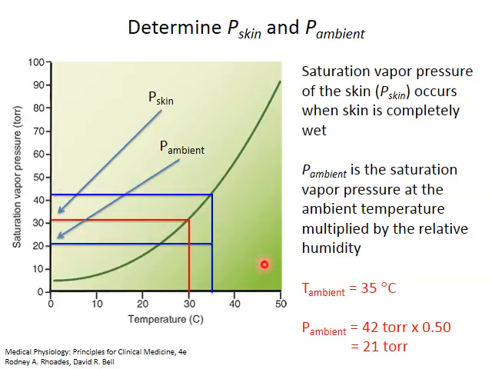We then need to multiply that by the relative humidity, which is 50%. And that gives us a value of 21 torr for the ambient vapor pressure. Visually, this is basically half the saturation vapor pressure because the relative humidity is 50% or half.